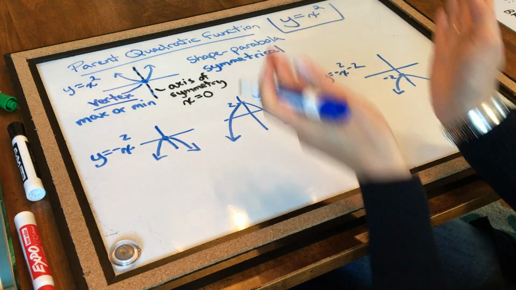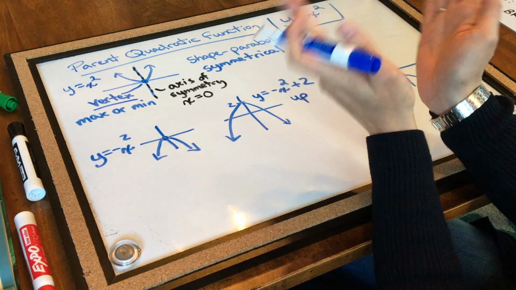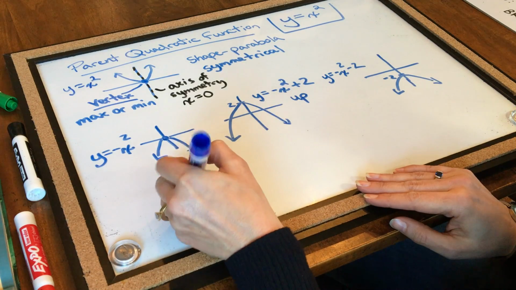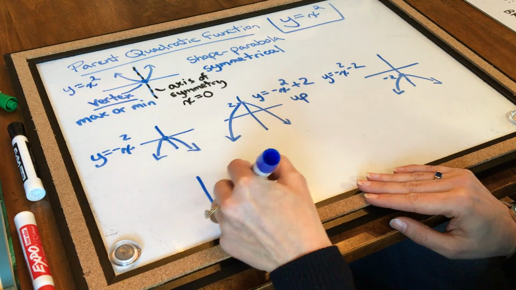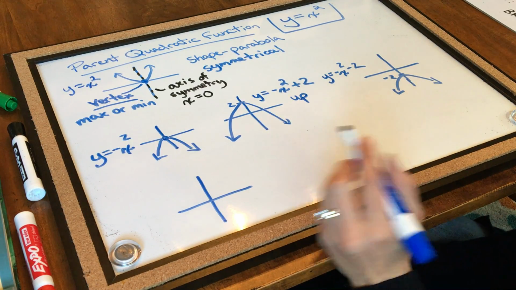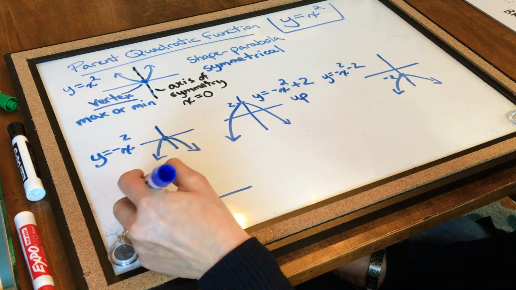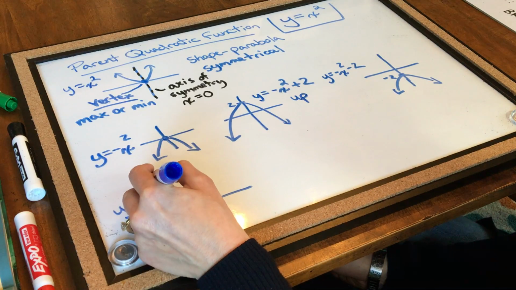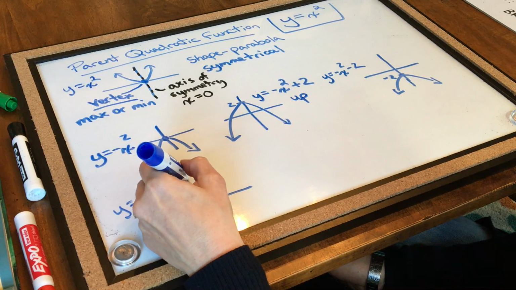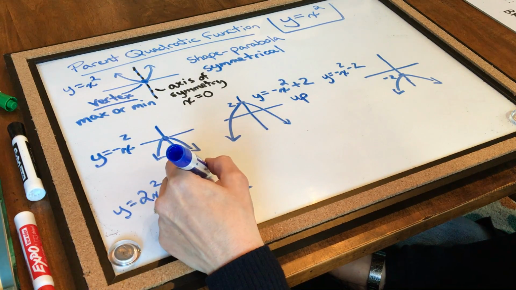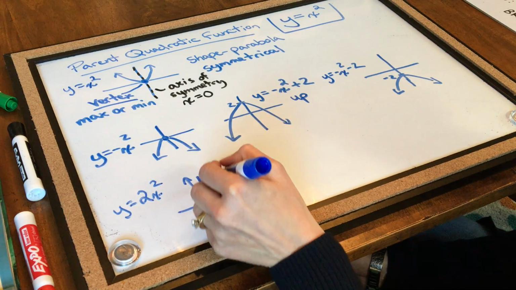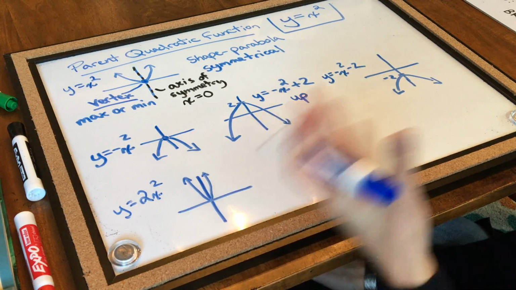It's also possible to change how wide or narrow the parabola is. So let's go back to our parent function. Now, this is actually the opposite of what you'd think. Let's say I was going to take something like y equals 2x squared. This actually makes the parabola more narrow. And that's because the y increases at a greater rate.